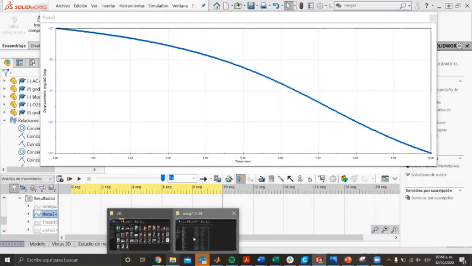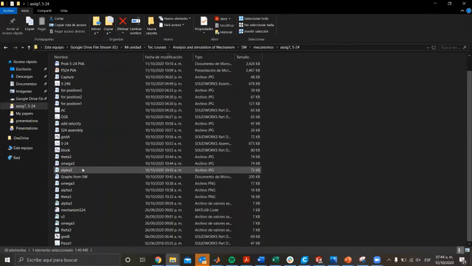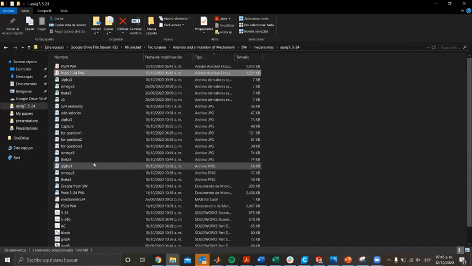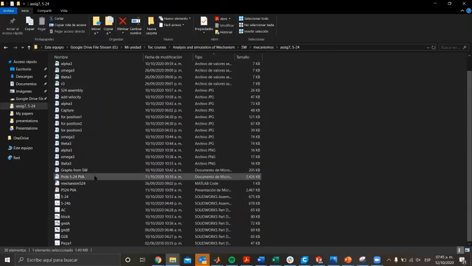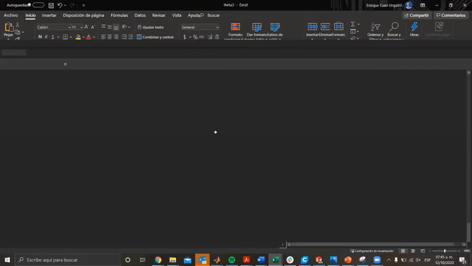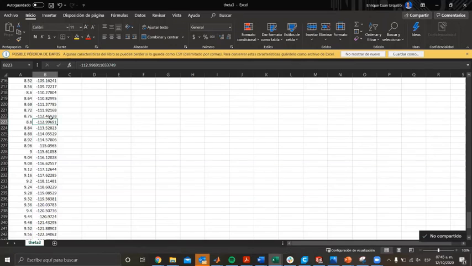Okay, I have the Excel file here ready for you. Theta 3 is the angular position, desplazamiento angular.